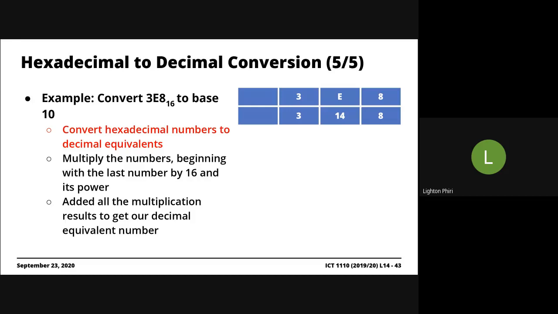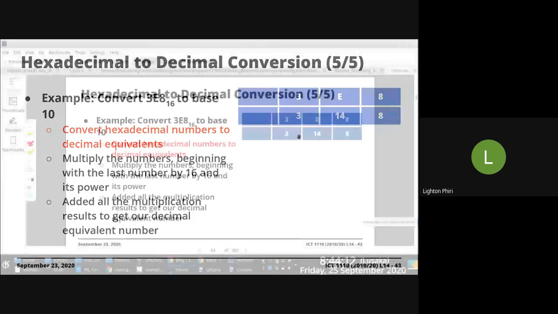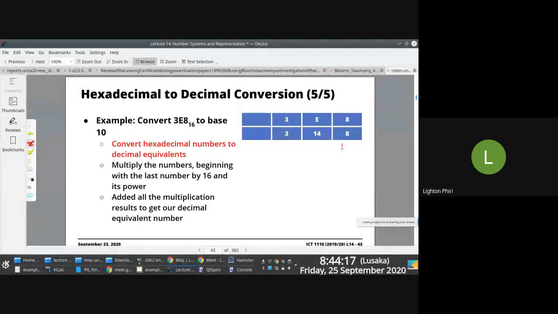And then you identify the placeholders here, the powers of 16 you're working with. 16 to power 0, 16 to power 1, 16 to power 2. You evaluate the powers of 16, right?